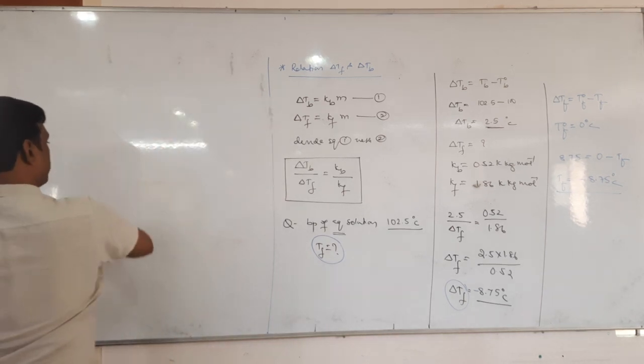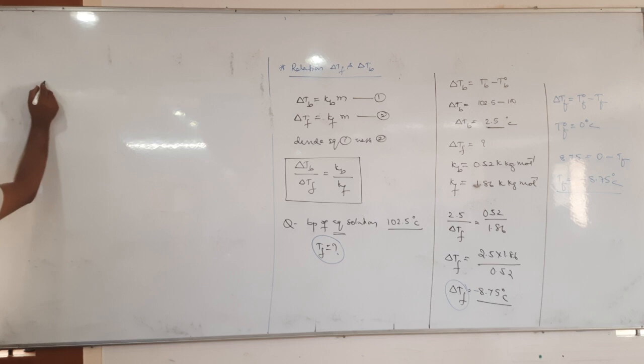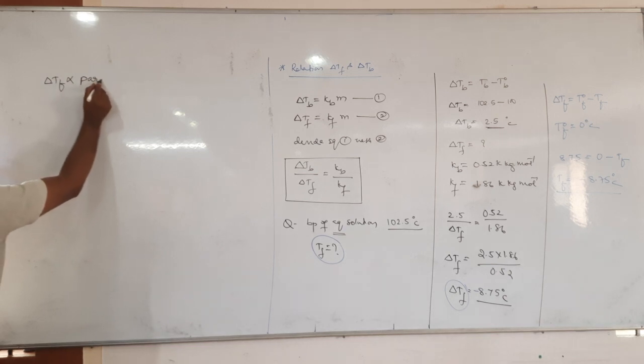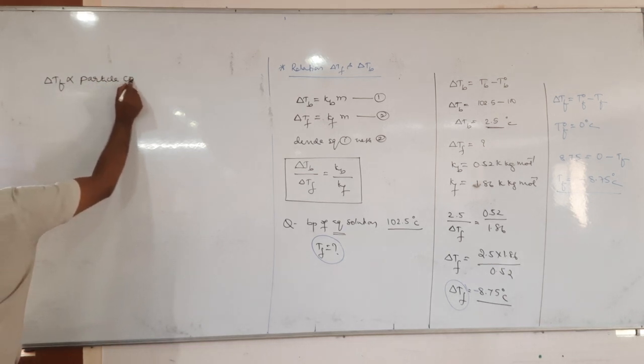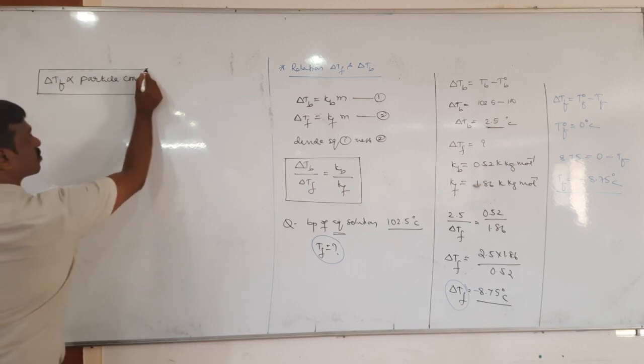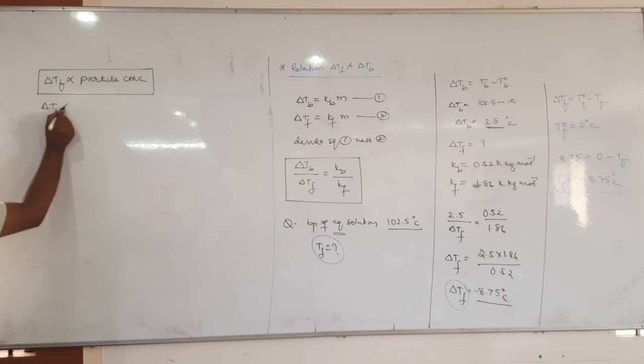Okay. Next, tell me, what is the relation between particle concentration and delta TF? So delta TF is directly proportional to particle concentration, and delta TB also written, no?